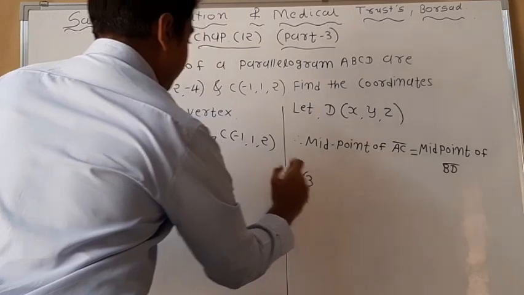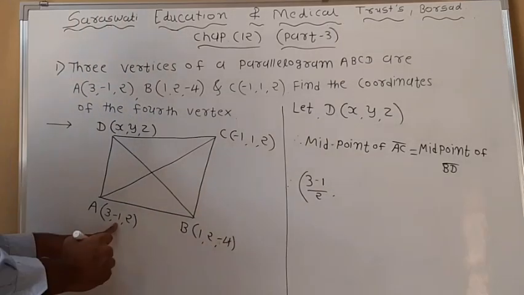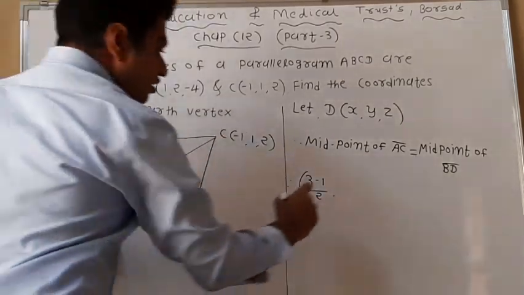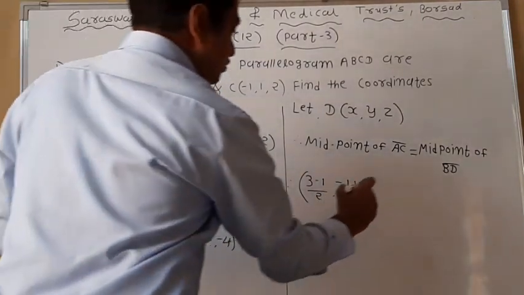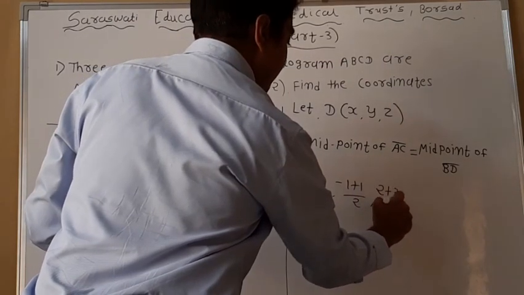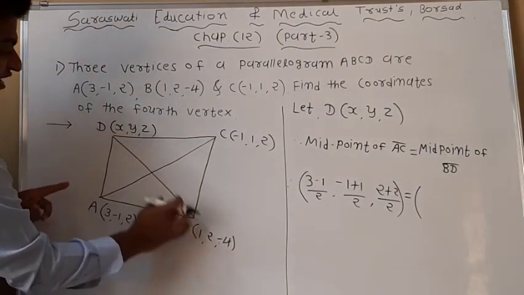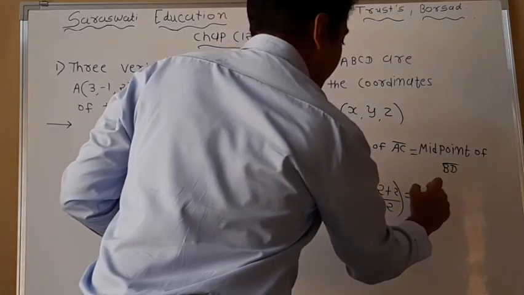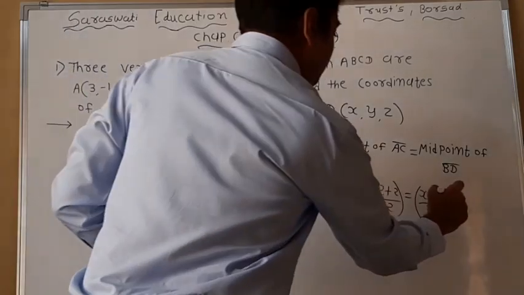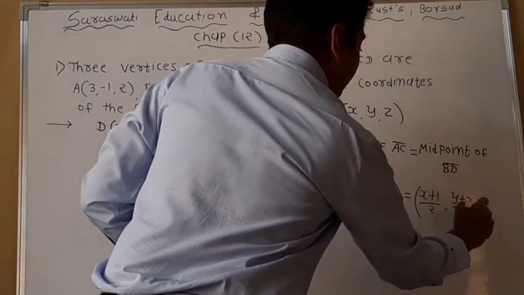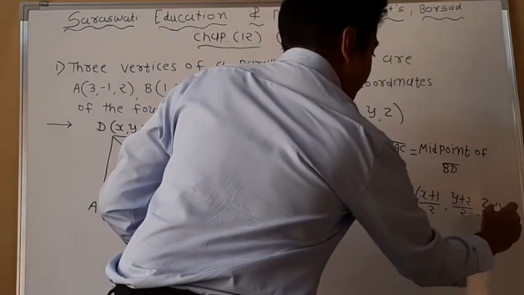That means 3 minus 1 divided by 2, comma minus 1 plus 1 divided by 2, comma 2 plus 2 divided by 2 is equal to the midpoint of line segment BD, that means x plus 1 divided by 2, comma y plus 2 divided by 2, comma z minus 4 divided by 2.